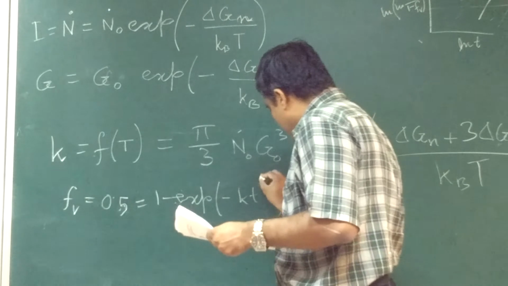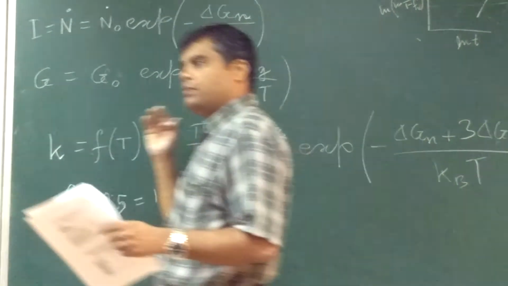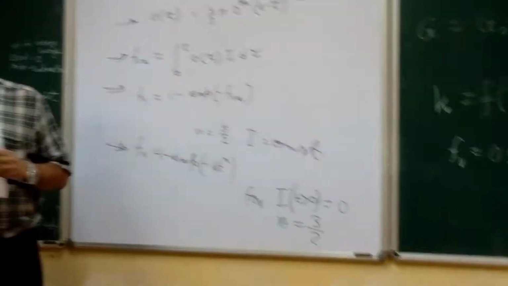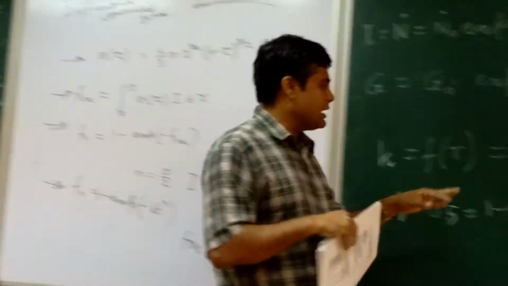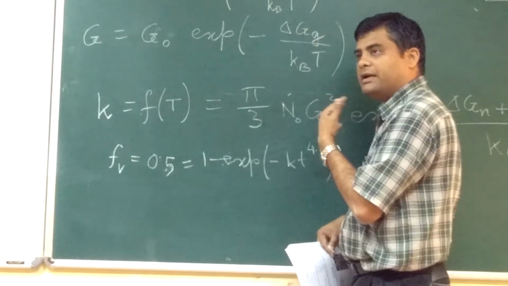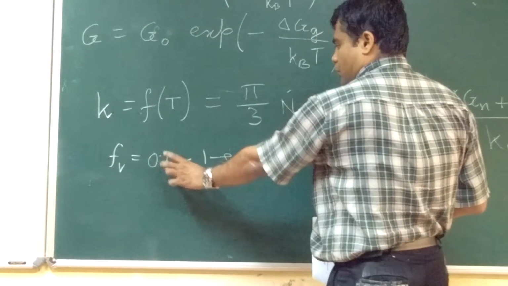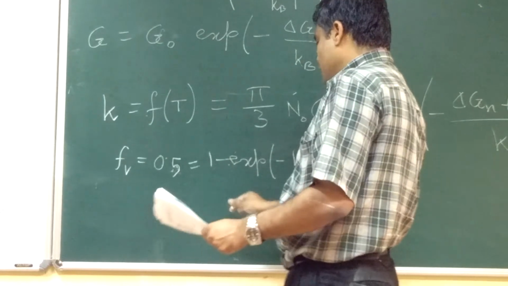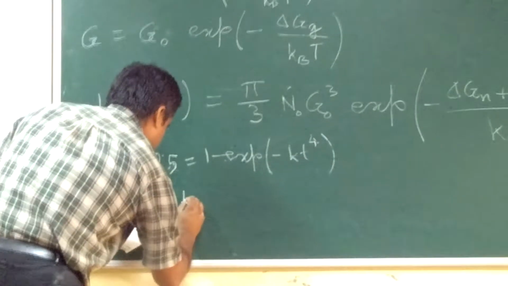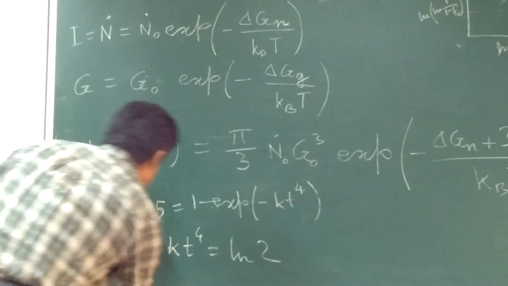Say n is 4, for the case n equal to 4. Say you assume a certain nucleation process, assume a certain growth process, and you came to this equation, (kt) to the power 4. Now you want to find out the activation energy. What will you do? So now it will be (kt) to the power 4 equal to ln 2.